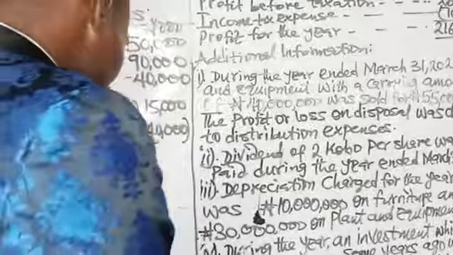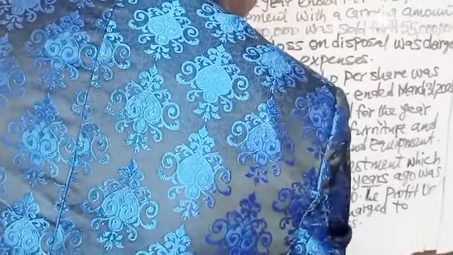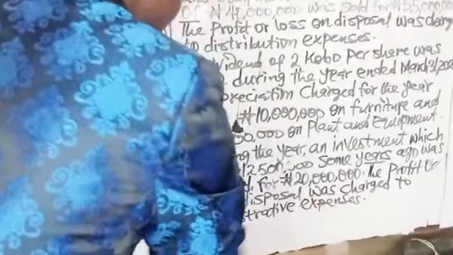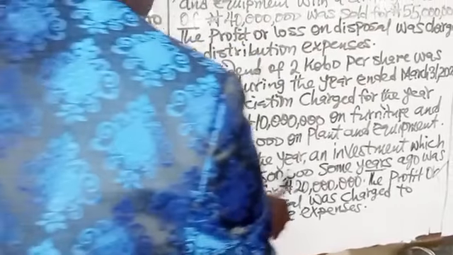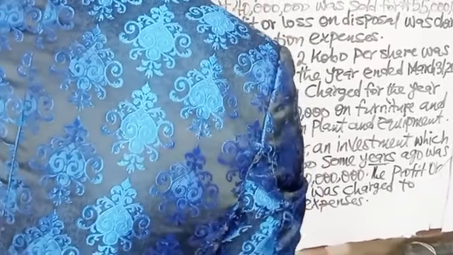During the year, an investment which cost 12.5 million some years ago was disposed for 20 million. The profit or loss on disposal was charged to administrative expenses, because this affects the administrative expenses. Now, the cost is 12.5 million while it was sold for 20 million. That means it was sold at a profit.